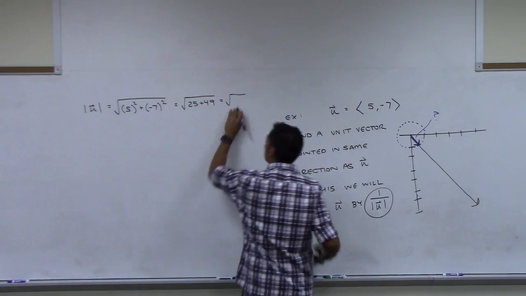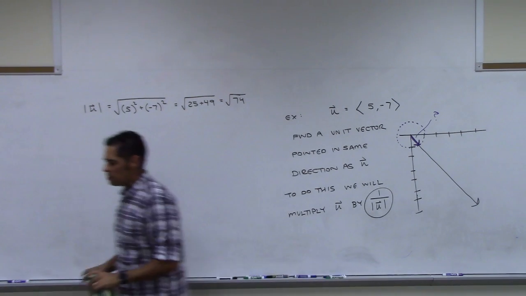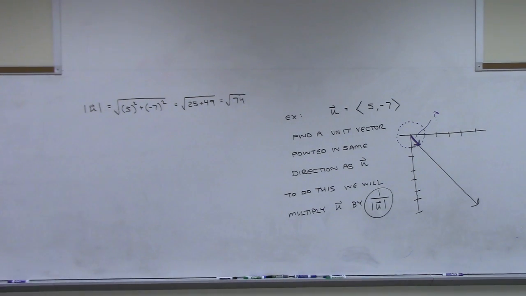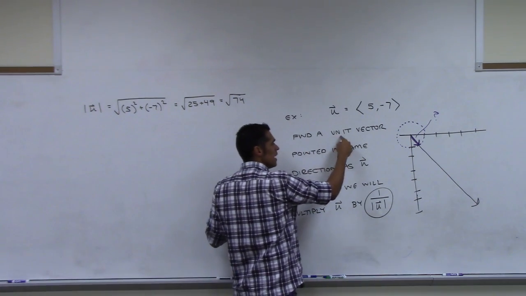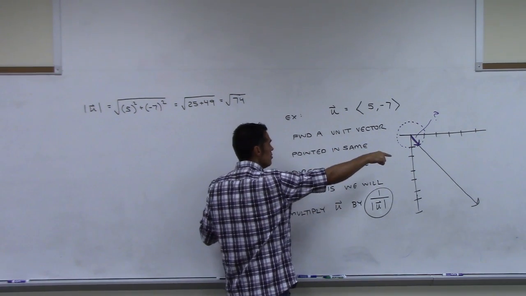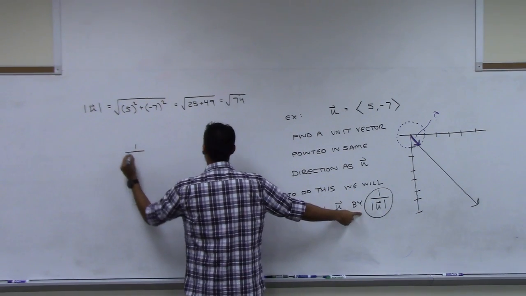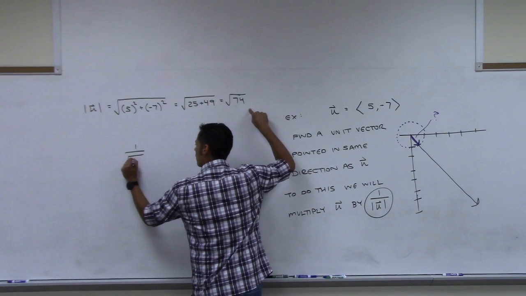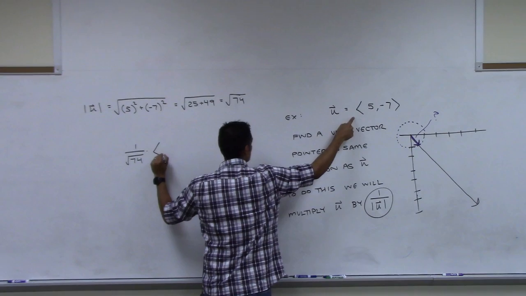I'm just going to leave it like that; I'm not going to turn that into a decimal. So the length of u is root 74. To figure out a unit vector that points in the same direction as u, what I need to do is take 1 over root 74 and multiply that times this vector.